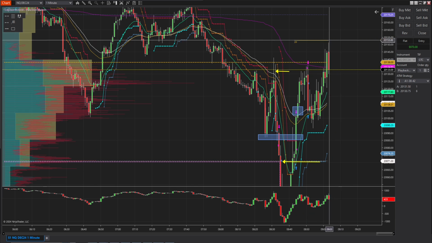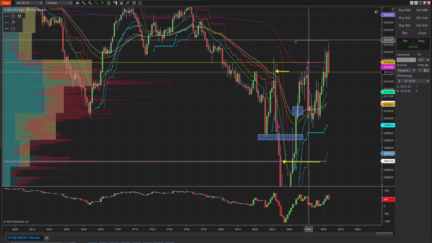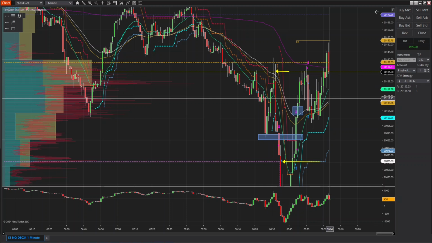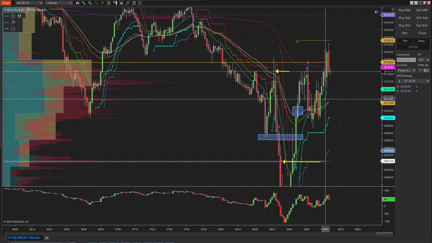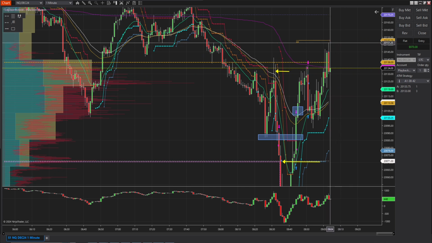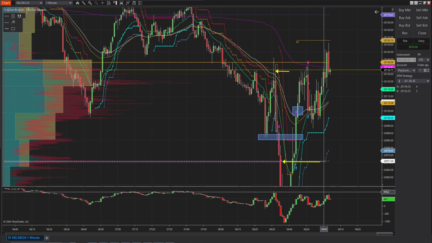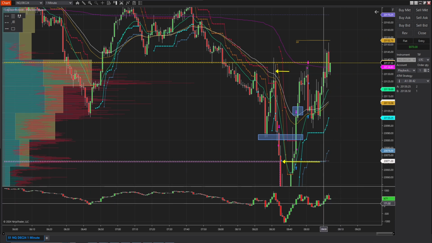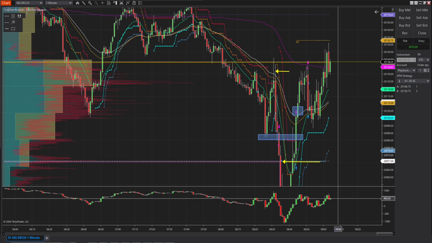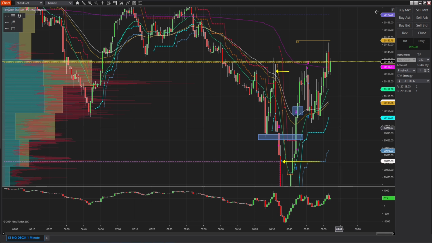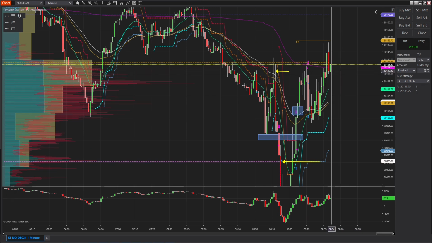So there could be some reaction from this pivot point or pullback and continuation. Either way, I don't want to take any short here, considering this cumulative delta being strong, and don't want to take long yet either.